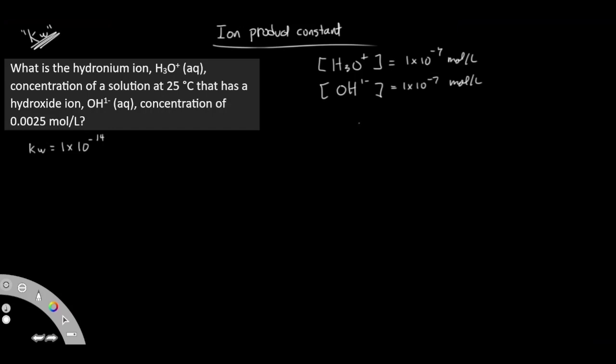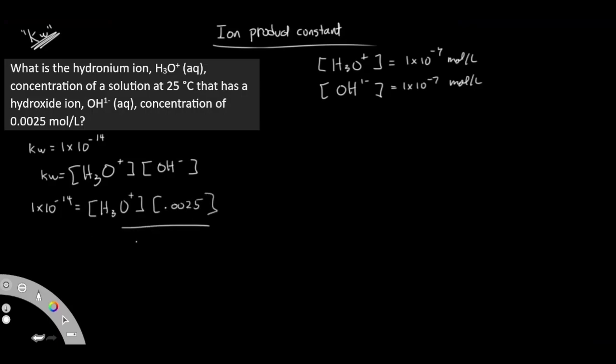So let's put it into practice. We know that our formula was this. Our Kw, we'll sub it in over here. Our hydronium, we have no idea. For our hydroxide, it was 0.0025.